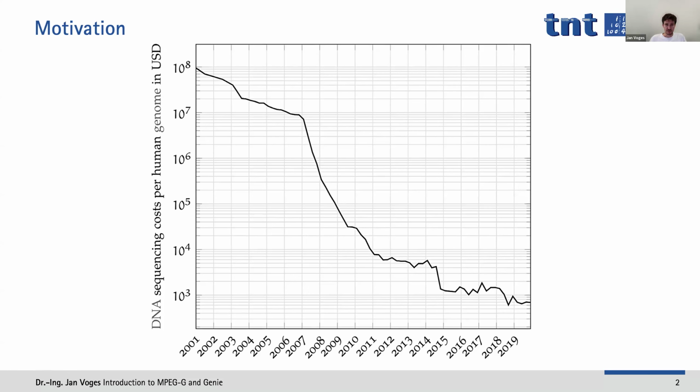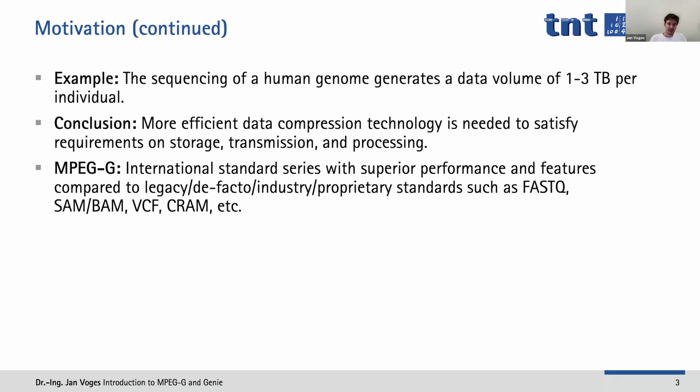So it's really a problem to store all of these data nowadays. So there were multiple universities, entities and companies coming together, constructing a standard for this. Here you see again the example I just showed. A single human genome is 1 to 3 terabytes per individual.